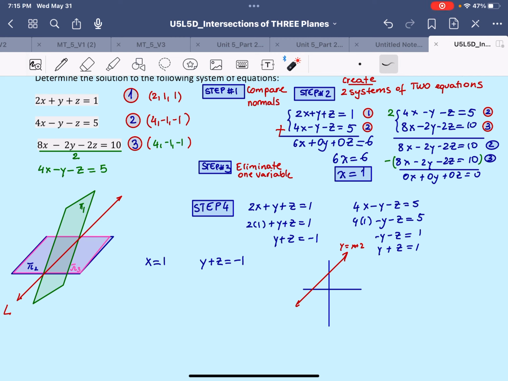So since we cannot find specific values of x and y, because there are so many of them, what we are going to try to do is describe those values instead. The standard procedure that we follow is we let one of these variables be any number.